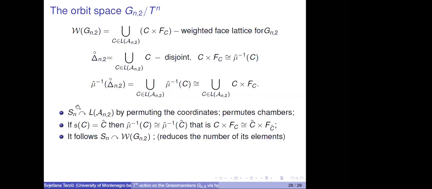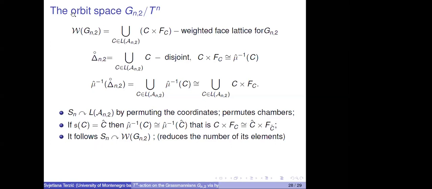Just to say that the symmetric group acts on this decomposition. It permutes the chambers. So if there is a permutation which maps one chamber to another, then from the relation between the moment map, the action of the torus and the automorphism of the Grassmannian, it follows that these spaces are homeomorphic.